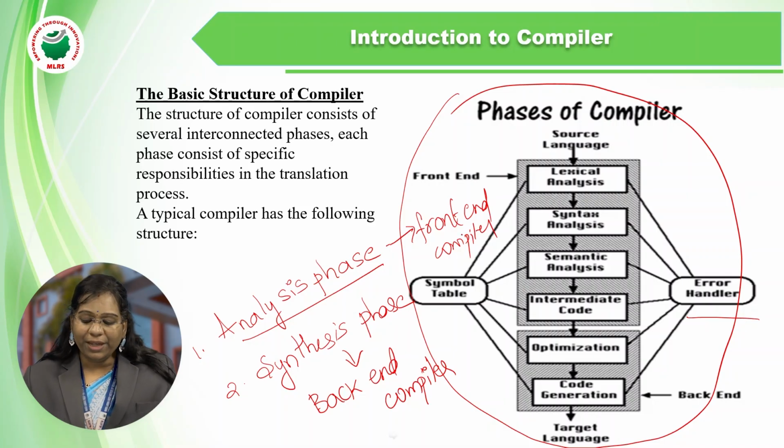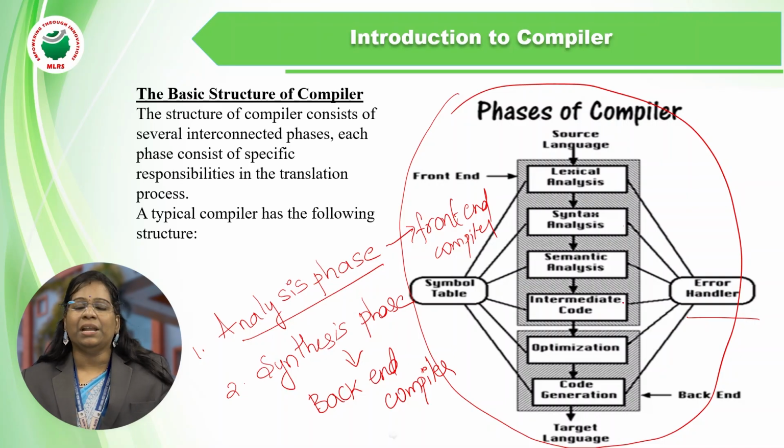The front end contains the first three phases of the compiler, that is lexical analyzer, syntax analyzer and semantic analyzer. Already we discussed the use of lexical analyzer, syntax analyzer and semantic analyzer. It will perform the action in front-end compilation.